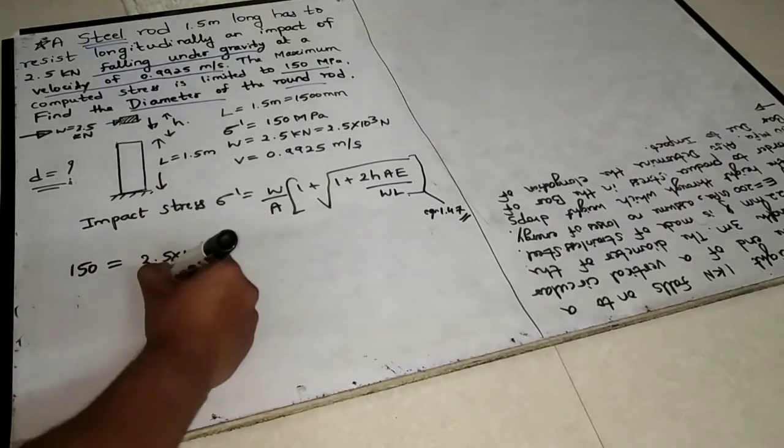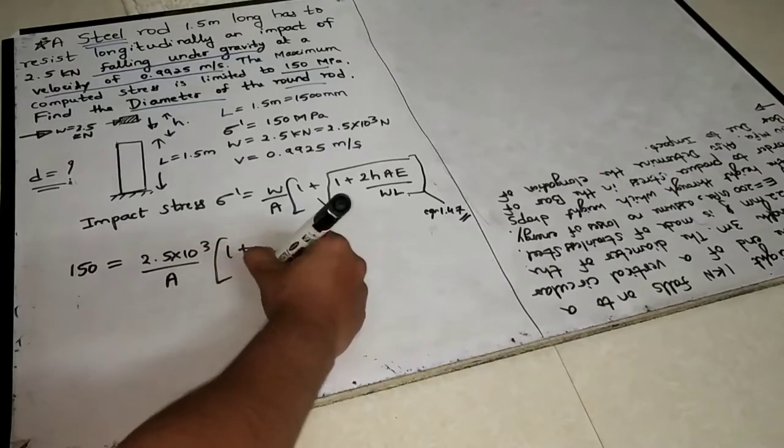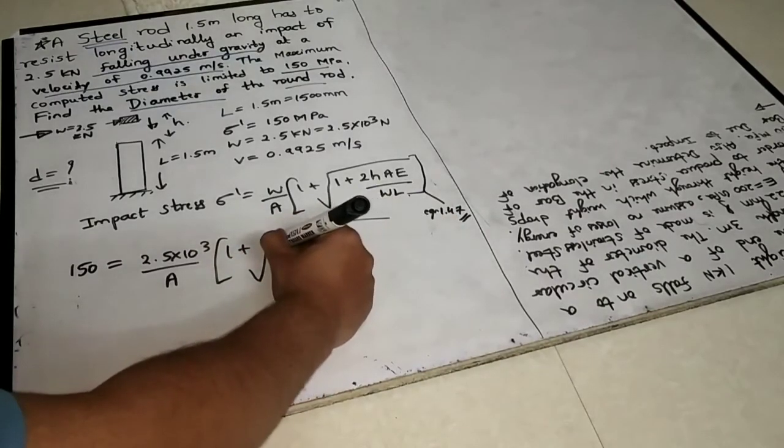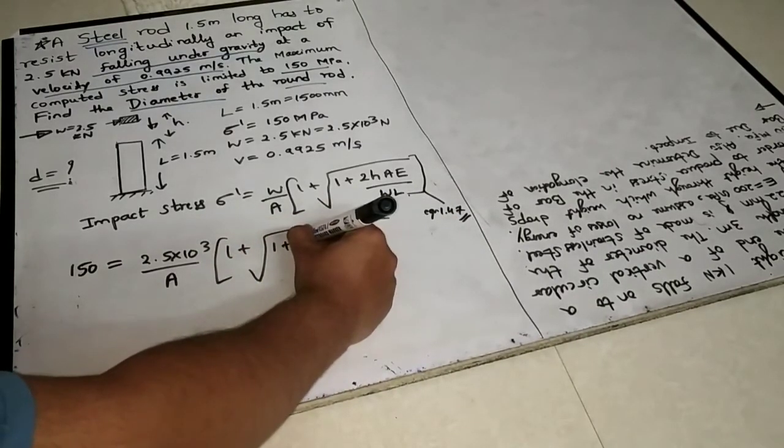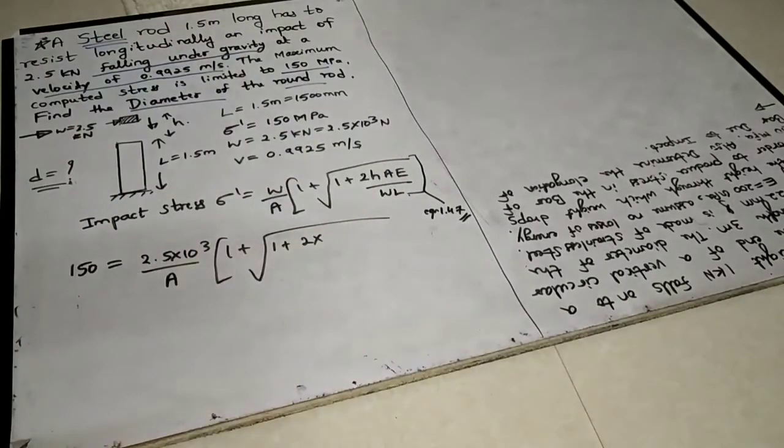So let me put as it is cross-sectional area A, square root of 1 plus 2 into, what is the h you got just now?